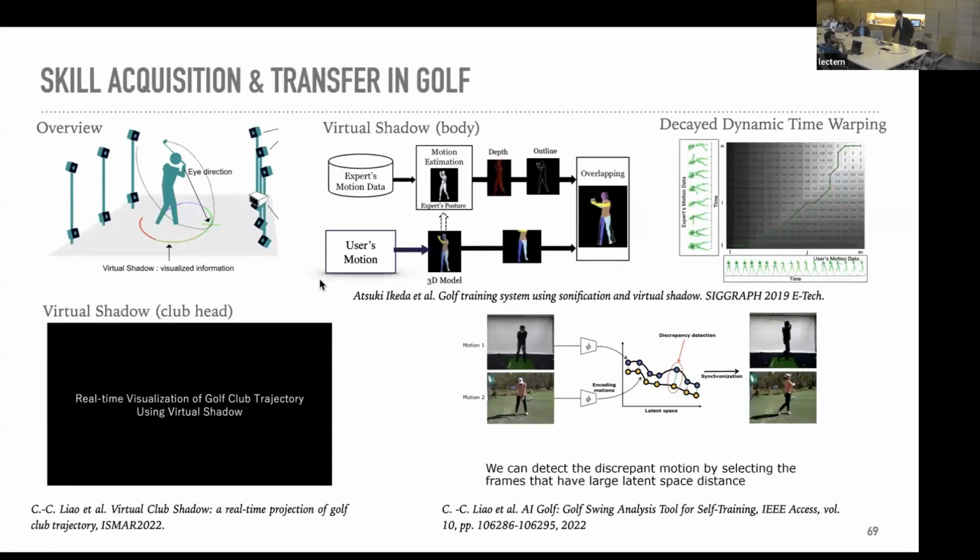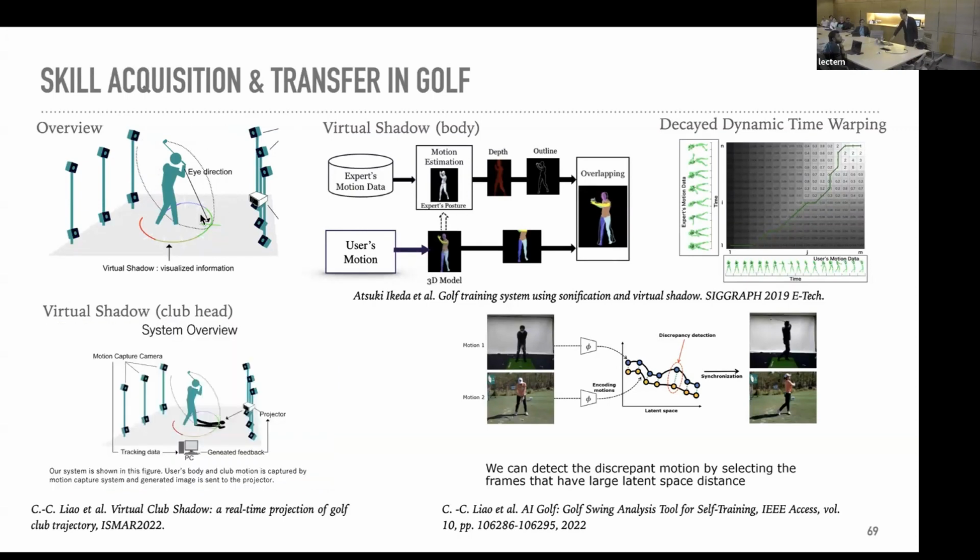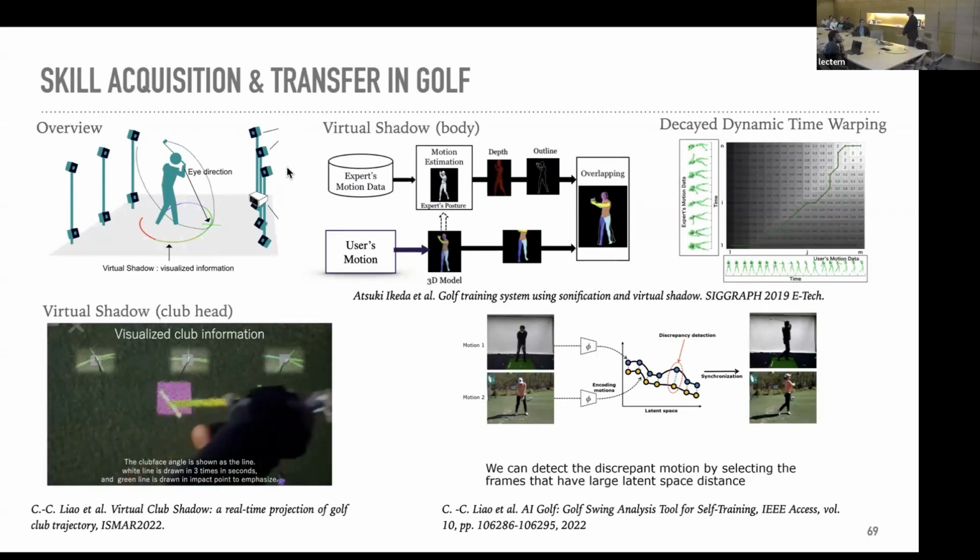Okay. So next one is the golf training system. The main idea of our technology is to capture his motion and the club trajectories by using motion capture systems, and then project everything on the floor. Because in case of golf, you have to focus on the ball to hit the ball.